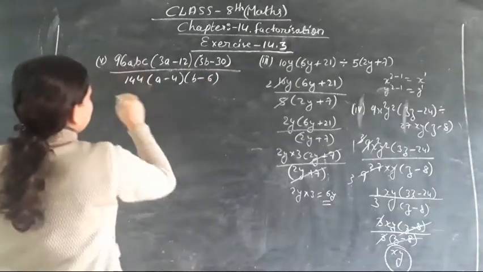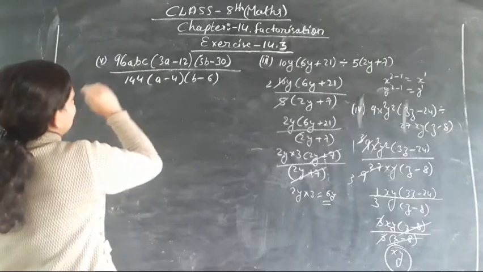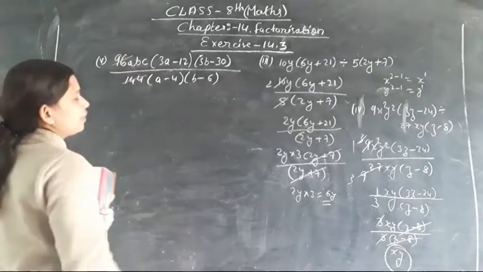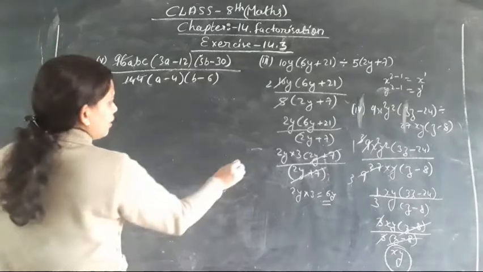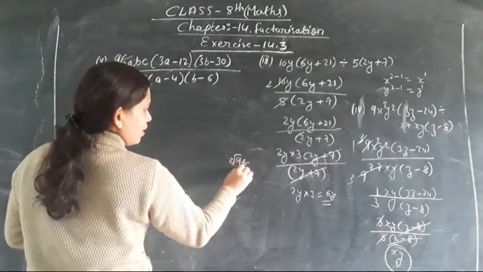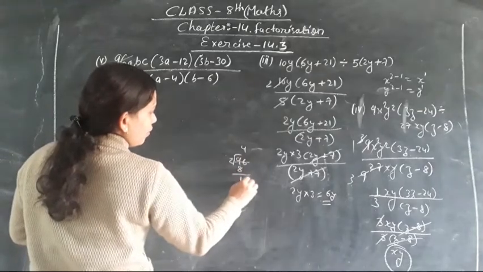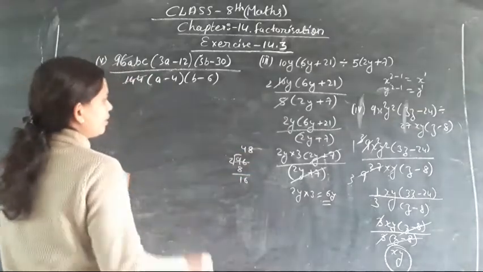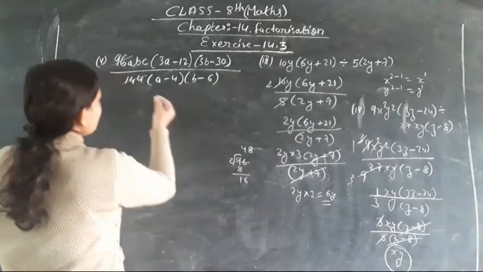Isn't it? Now, you can see here 96 and 144. Can you cancel the numbers? 96 cancels in the table of 2. 2 8s, you will get 4, 1 6, how much? 8. 48. 144 is the you will get cancelled.